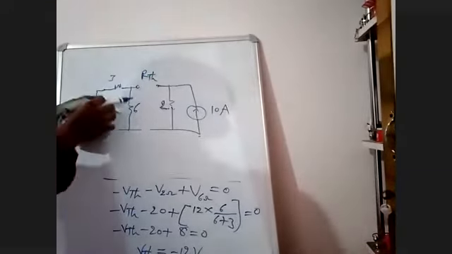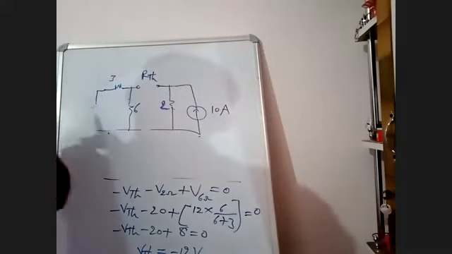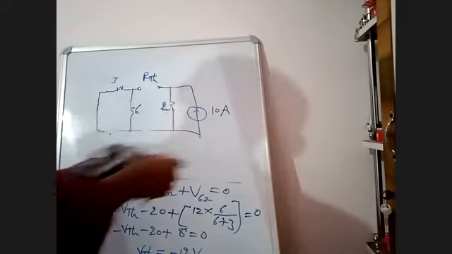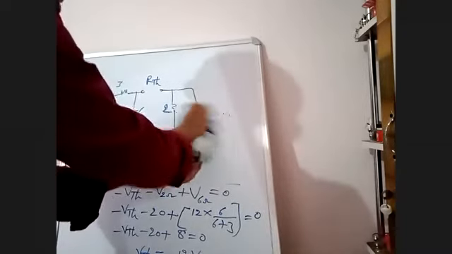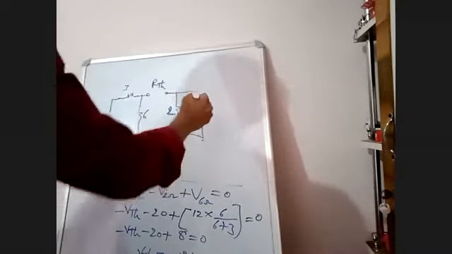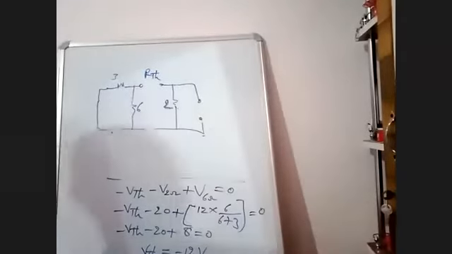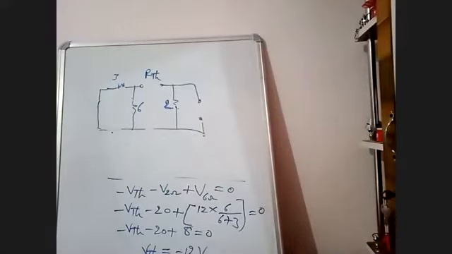See here, I am short circuiting this 12 volts and open circuit this current source. I am opening the current source and short circuiting the voltage source.